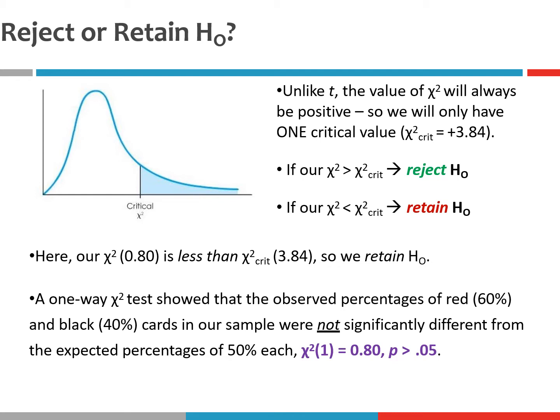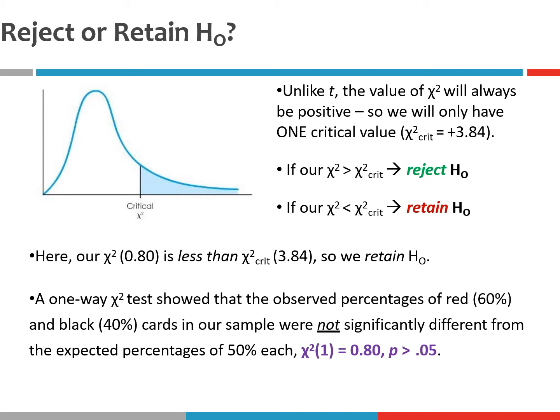So how do you write these results in APA style? Well, you're going to look for the same components that you were required to include in APA for the one sample t. First we're going to indicate what type of test we conducted. So we would say a one-way chi-square test showed.